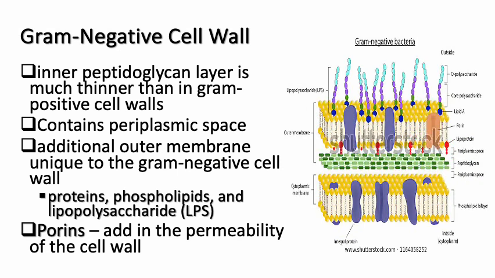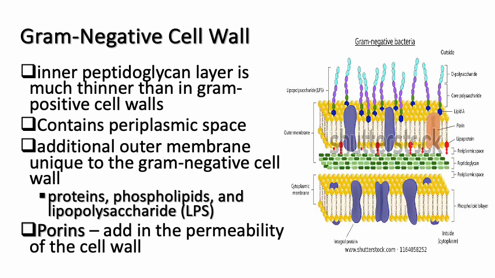As previously mentioned, the cell wall of gram-negative microbes has two layers. The gram-negative cell wall contains an inner peptidoglycan layer, but it is much thinner compared to those found in gram-positive bacteria. It also contains the periplasmic space, which is involved in peptidoglycan synthesis.